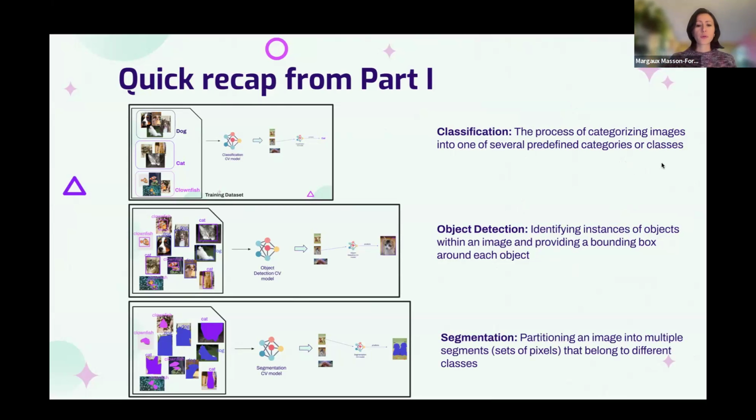So it's for tasks that require really precise detection. If you think of medical imaging, for example, where we're trying to segment tumors or specific parts of the brain, you would be using segmentation because you need to know exactly the contours or where things are, and not just a box.